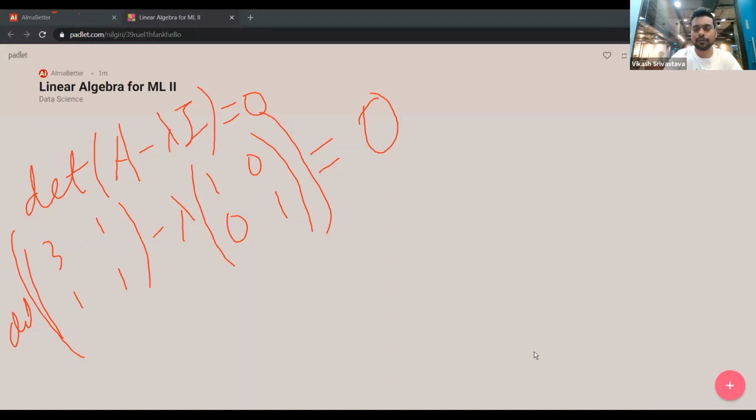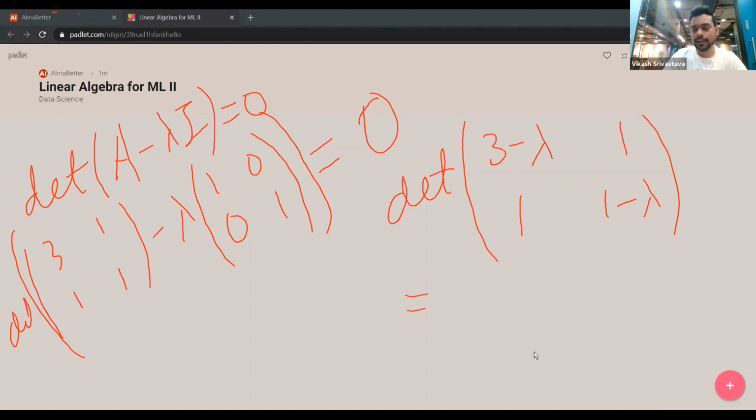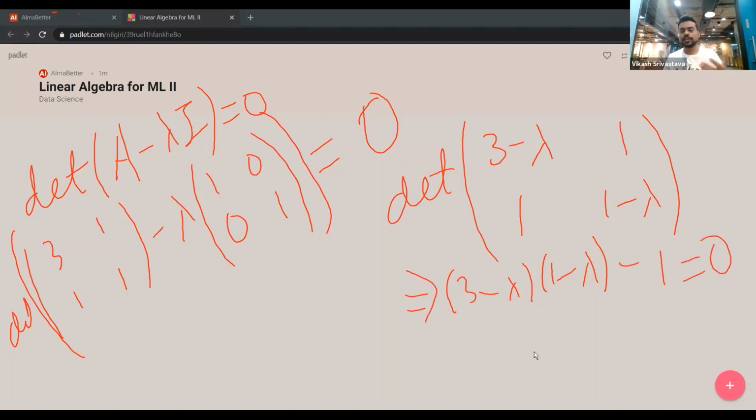Firstly I need to find this matrix. This is 3 minus lambda, 1, 1, and then 1 minus lambda. I can calculate the determinant of this: it will be (3 minus lambda)(1 minus lambda) minus 1 times 1, and I'll equate this to 0, because to calculate the eigenvalues, the determinant has to be equal to 0.